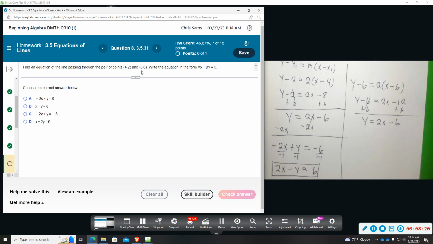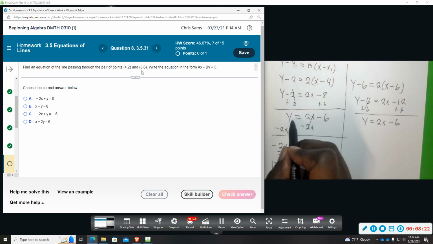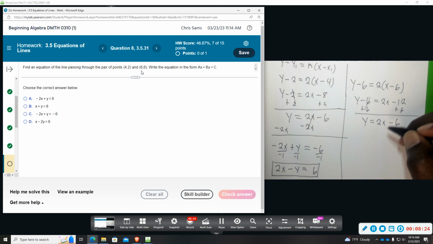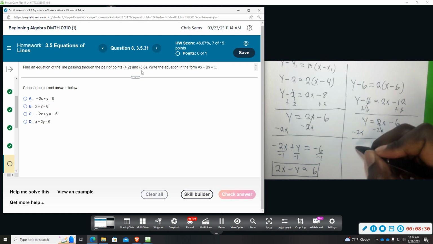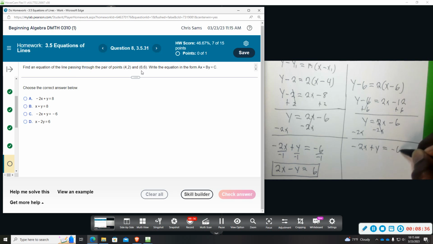So you can see right here, both of them are the same slope-intercept. So whenever I subtract 2x, from this point on, it's going to be the same. Minus 2x plus y equals negative 6. And then we would have to divide everything by -1. And that will give us a positive 2x minus y equals a positive 6.